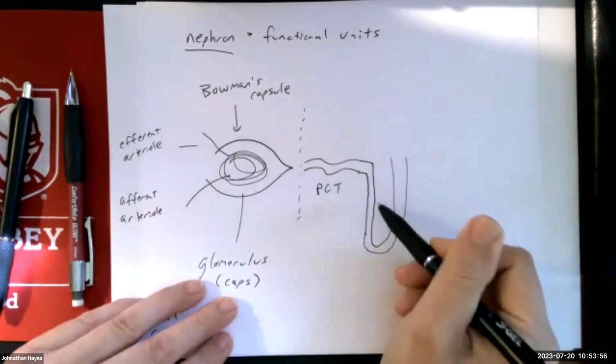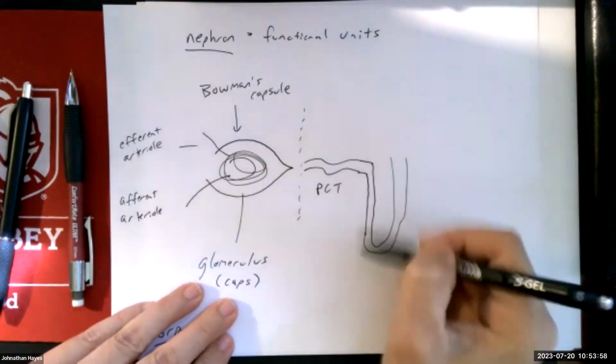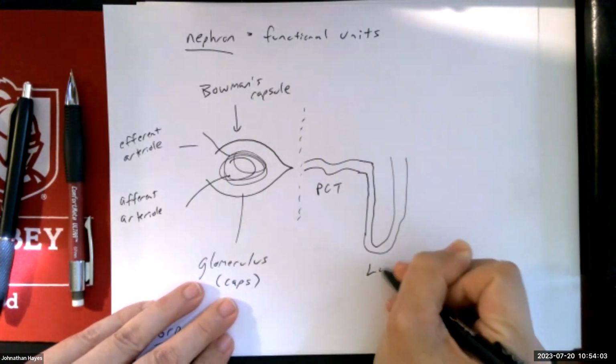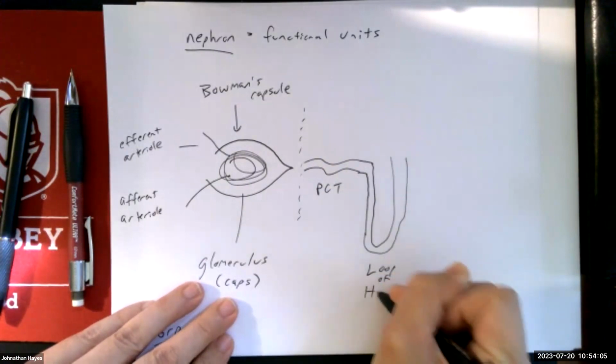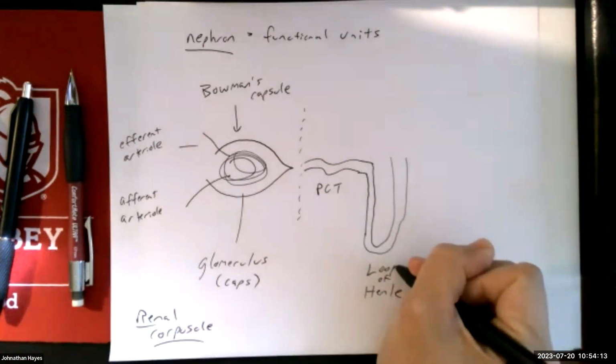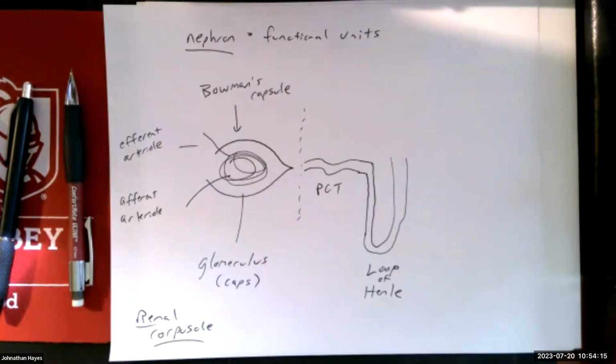A loop of Henle actually has a thin portion, a thick portion. It has a descending portion. It has an ascending portion. But right now, we're just going to call it, I'll write it out, loop of Henle, just so you see the word. Be familiar with that word because even in the pictures in the PowerPoint, it'll call it loop of nephron. That is not typical of most higher level books.